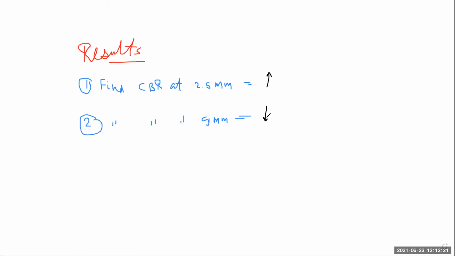If the CBR value for 5 mm penetration comes out to be more, then we repeat the test and check the CBR value again. If again the CBR value for 5 mm comes out to be more, then we report the California bearing ratio of the subgrade soil from the 5 mm penetration.